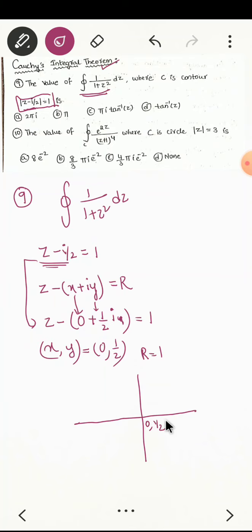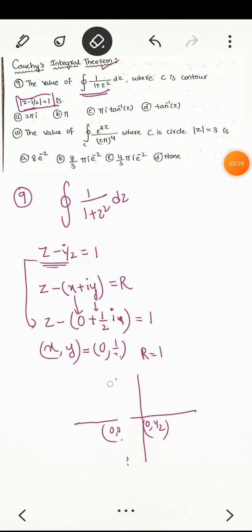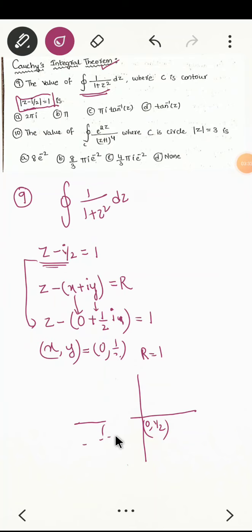Suppose this is the 0 comma 0 line, and this is 0 comma 1 by 2, the center. Then the radius is 1, so from the center, half goes below the 0 line and half goes above. So below the 0 line this will be 0 comma minus i by 2, and going up by 1 from the center, it will be 3i by 2.